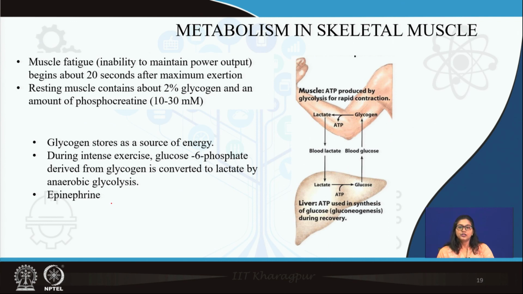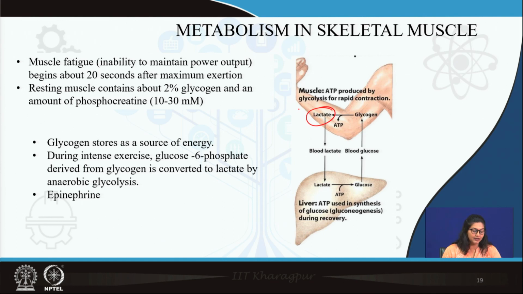So, here you can see on intense exercise there is formation of lactate, because of course there is anaerobic glycolysis occurring in skeletal muscle during intense activity, because definitely there is energy deficiency, or rather the nutrients cannot be supplied at par with the requirement. Now, what is the fate of this lactate?